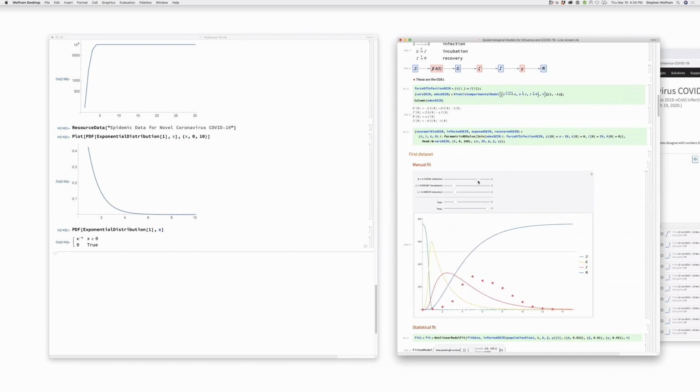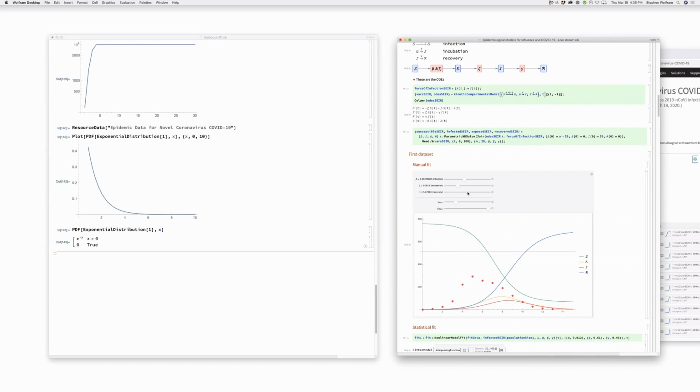Okay. So this is an incubation period. So as it takes less time to become infectious, which means zeta is getting larger, the curve rises faster. Wait a minute.